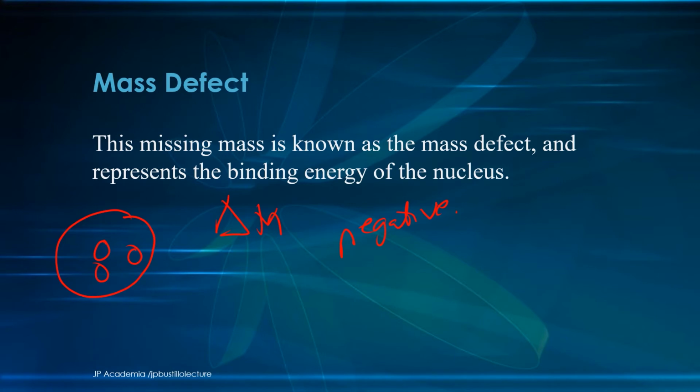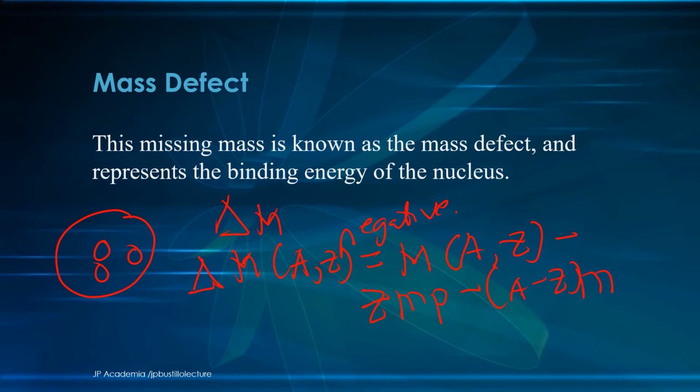We can write the following that defines the mass defect: delta M of A, Z is equal to the mass of the nucleus minus the total mass of the protons minus the total mass of the neutrons. And this should always be less than 0. Therefore, stable bound states have negative binding energy.